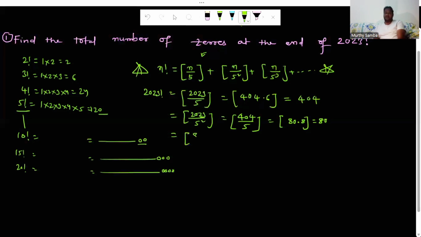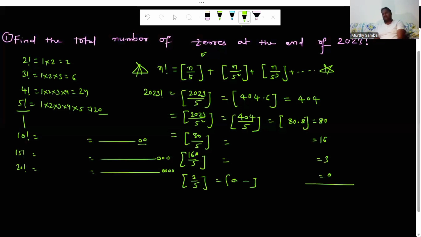Directly you can do the integral part of 80 by 5, which is 16. Again, the integral part of 16 divided by 5 is 3, because 5 3s are 15 and it is 3 point something. Again, the integral part of 3 divided by 5 means 0 point something, and the integral part of that is 0.